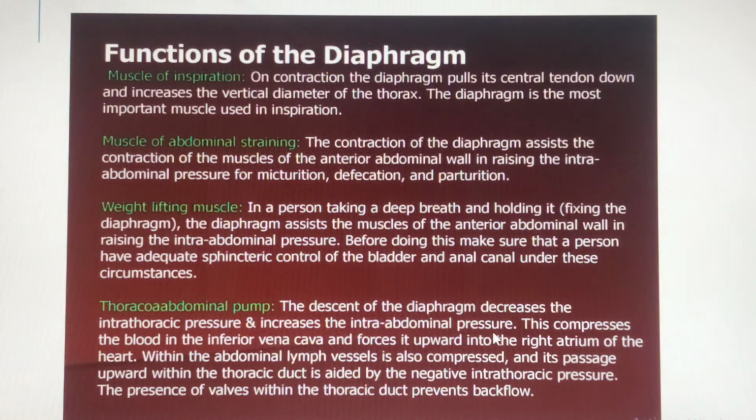So when the volume decreases, pressure goes up. From Boyle's law, you can get that relation. Then this compresses the blood in the inferior vena cava, helping bring blood up to the heart through the inferior vena cava, against gravity. That's one important thing, together with the lymphatic vessels in there.